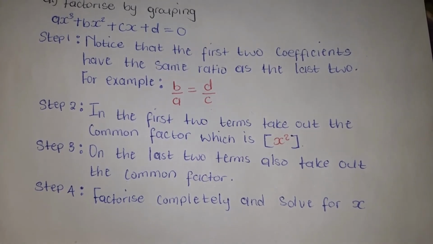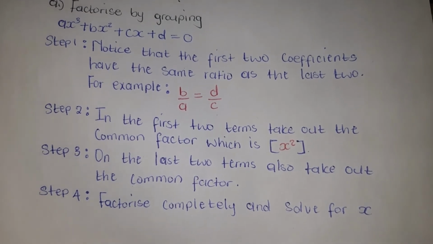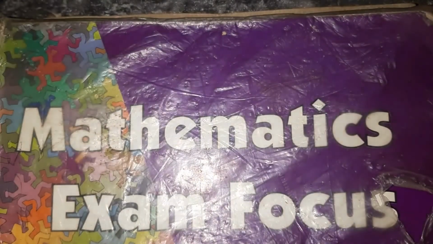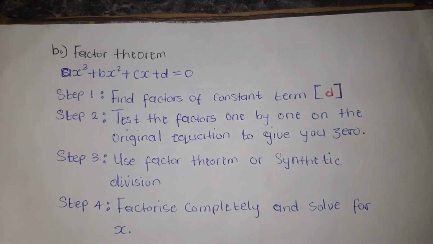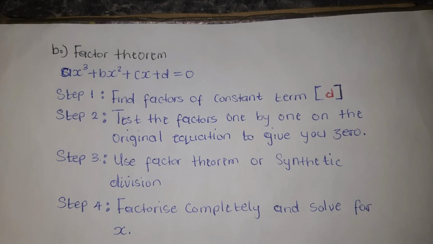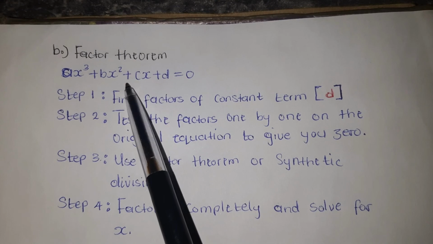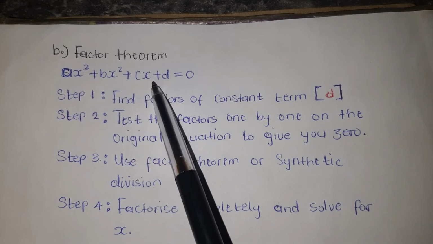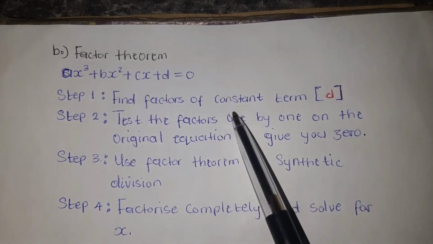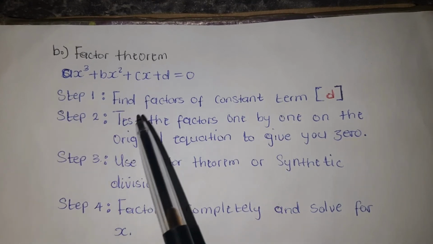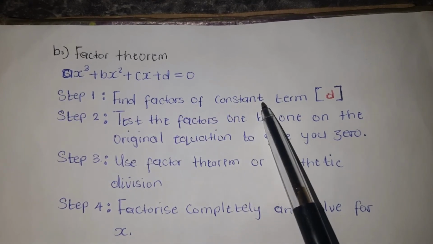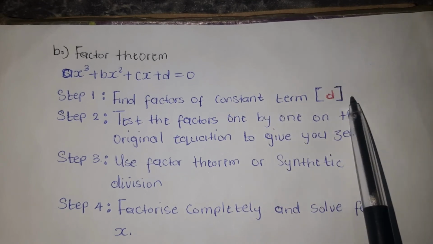Then let's move into solving method number 2 of cubic equation. As usual, we start by writing the standard form of the formula, which is ax cubed plus bx squared plus cx plus d is equal to 0. Step number 1, find factors of the constant term, which is d.